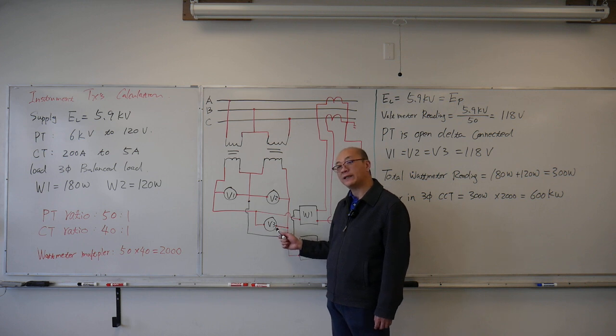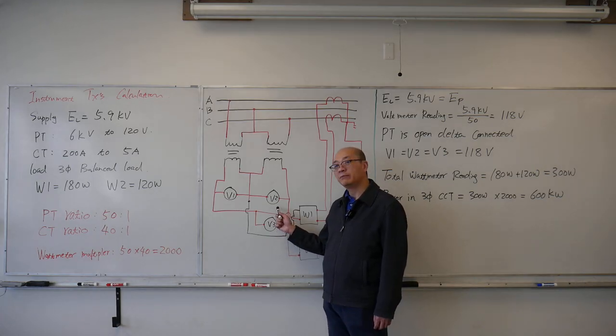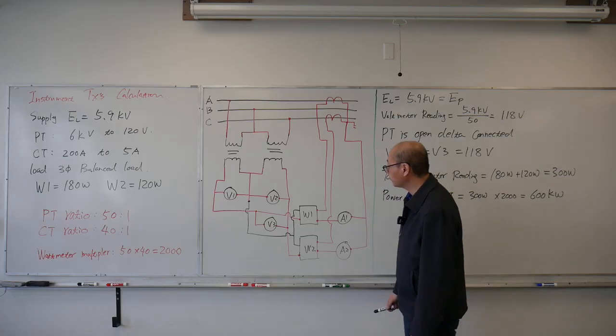So this is the open delta. All 3 voltmeters read the same value, the secondary line voltage. Make sure you understand that voltmeter 3 also reads secondary line voltage, the same reading as voltmeter 1 and voltmeter 2.